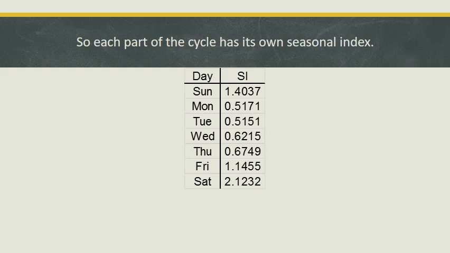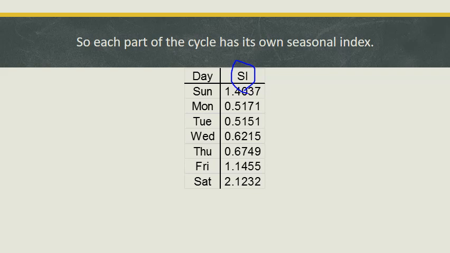This table shows the seasonal index, which I have abbreviated as SI, for each day of the week. Before we get into the more advanced topics, we can make some basic observations about these numbers. A seasonal index is the average value of y over y hat. We can think of this as a percentage of y hat.